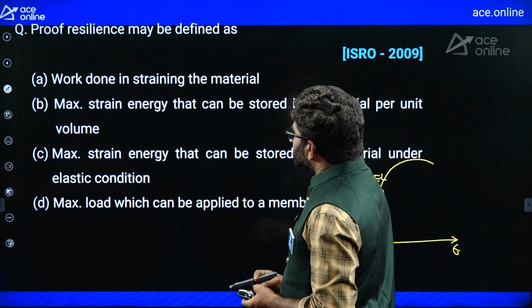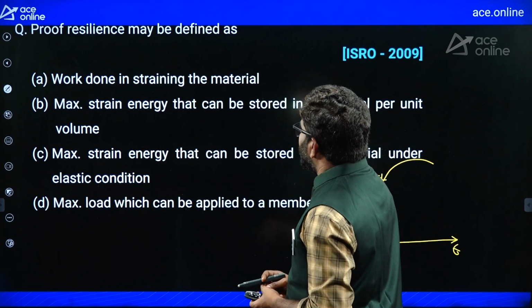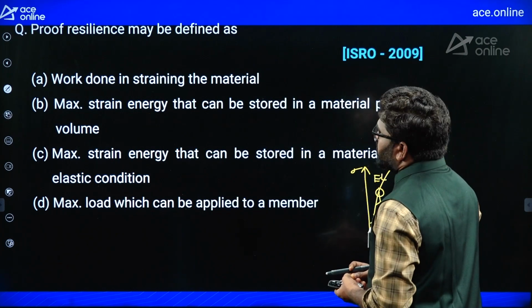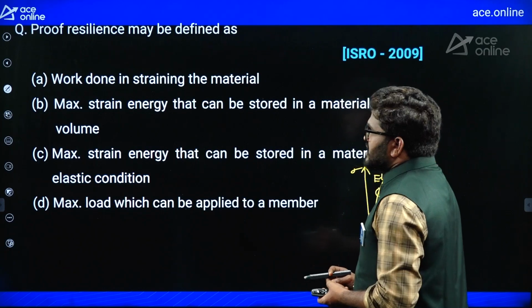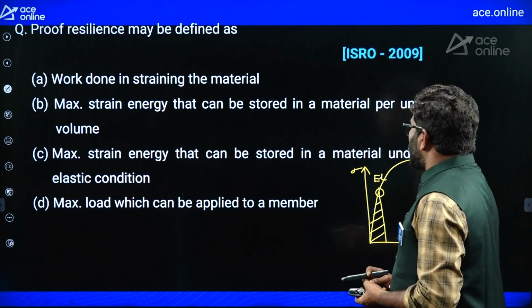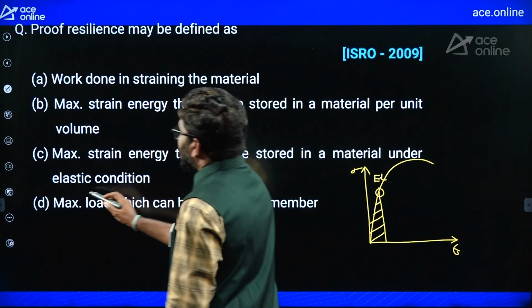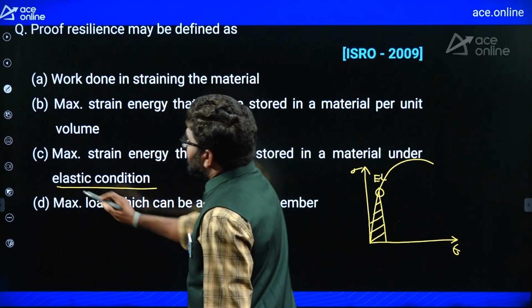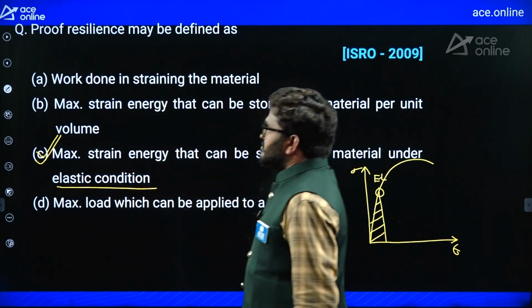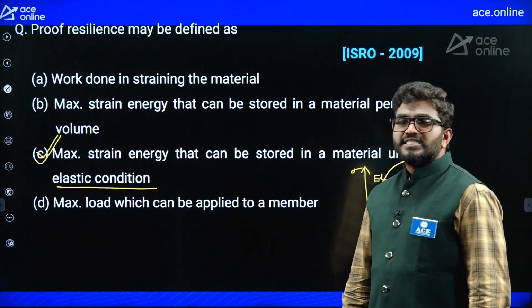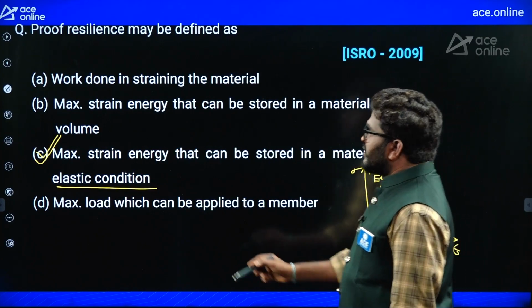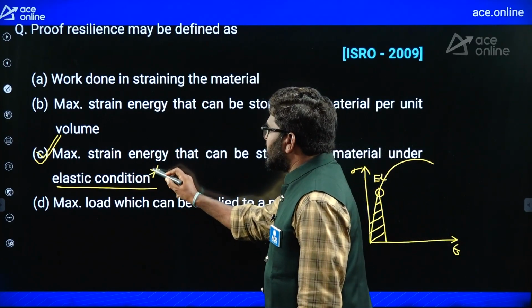Now see here, maximum strain energy that can be stored in a material per unit volume under elastic condition. So this is the correct one. Elastic condition, C is the correct answer. Okay? C is the correct answer, because here it is given elastic condition.